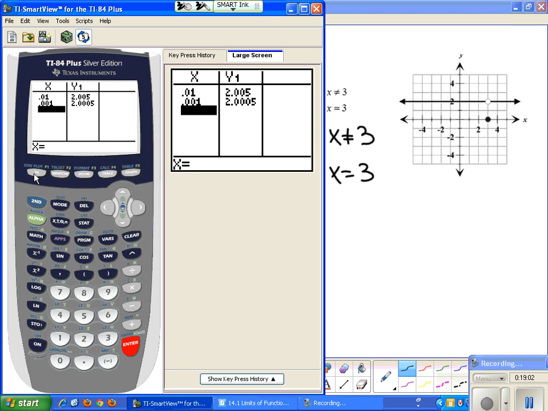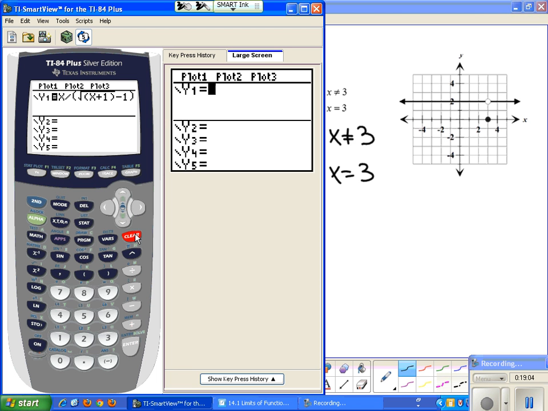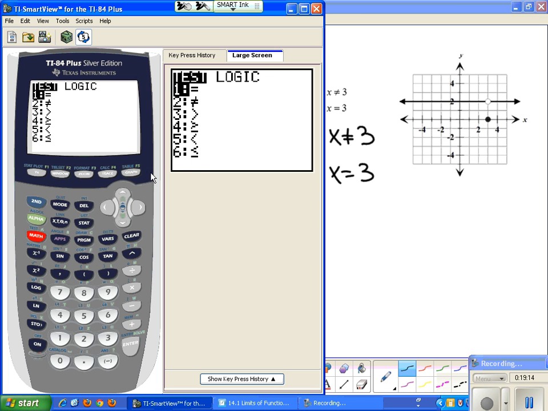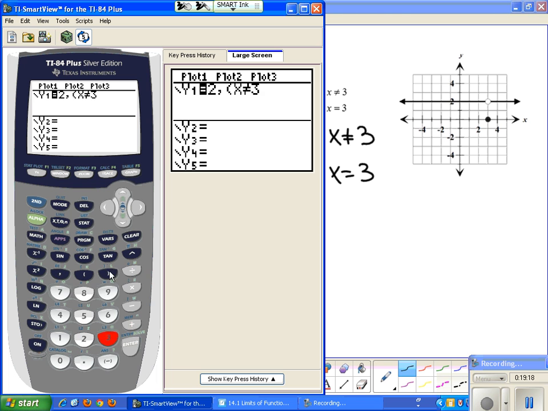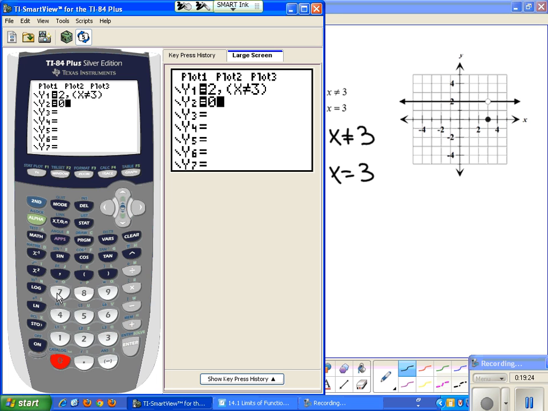In our graphing calculator, if you go to your y equals, we would have 2 and then hit the comma. And then if you put parentheses, remember we can do x and then go to second math. And then we have these symbols, so number 2 not equal to 3, because this is a piecewise defined function. We showed this earlier in the year. And at 0, we want only for an x value of 3.